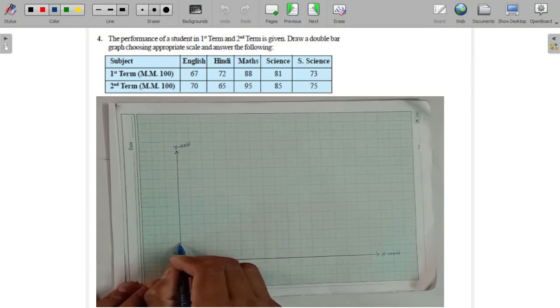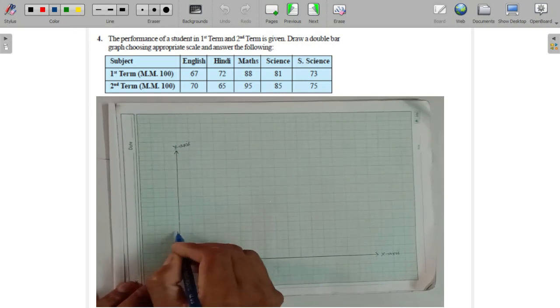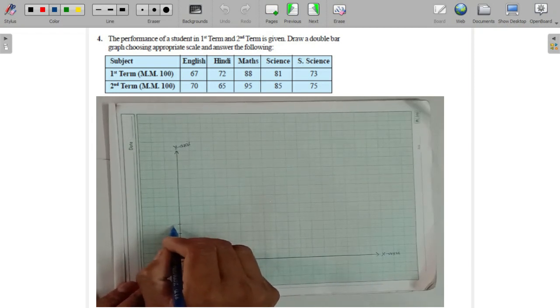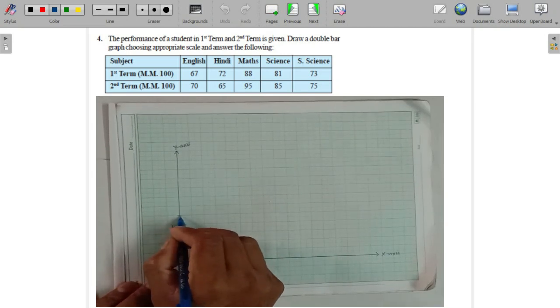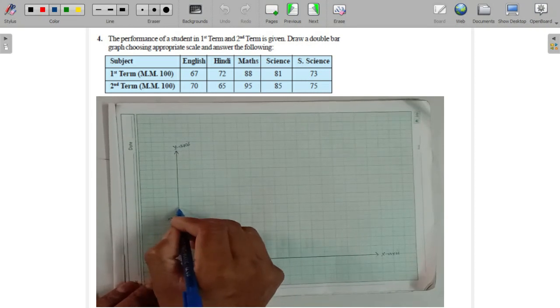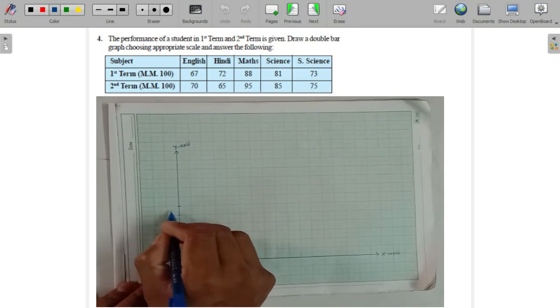So write here 10. Then next is 20. Then next is 30. Then next is 40. Then next is 50. Then next is 60.